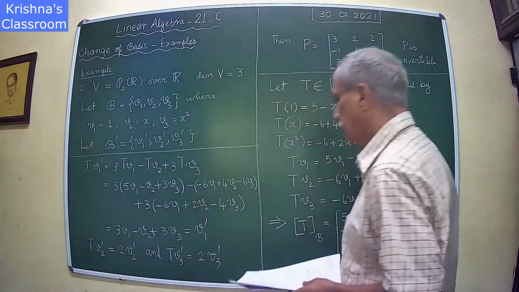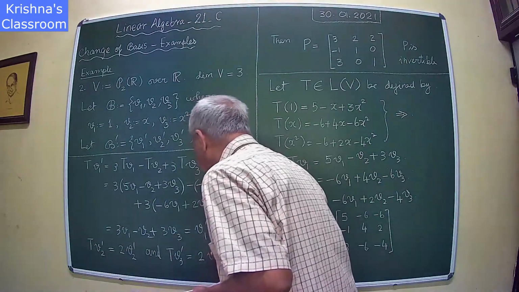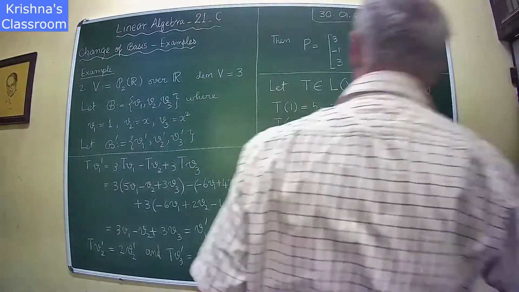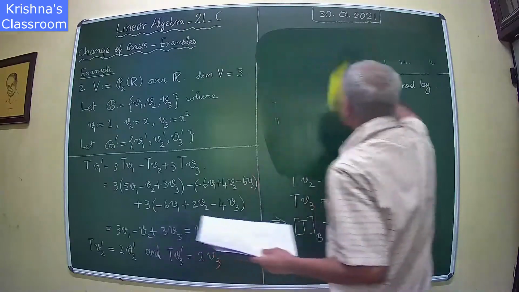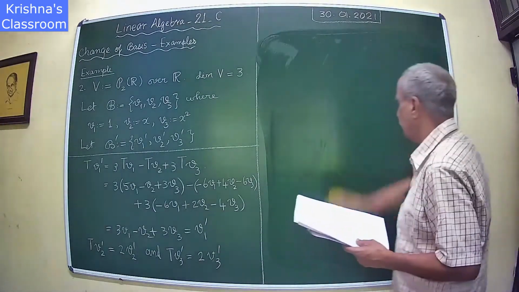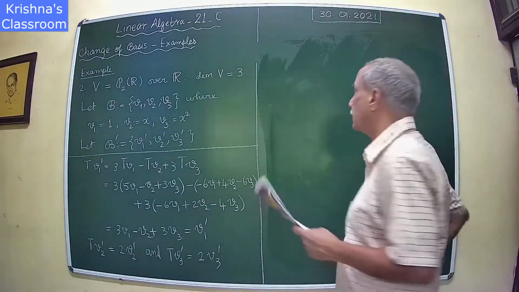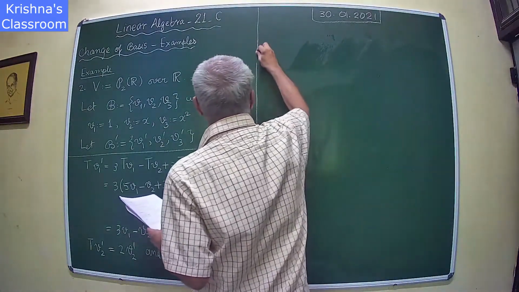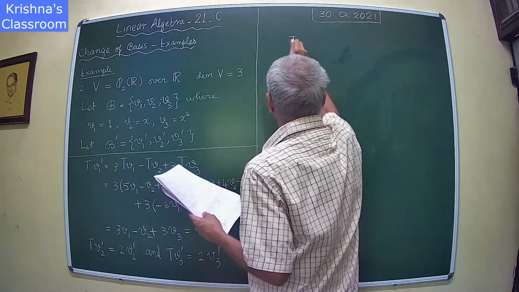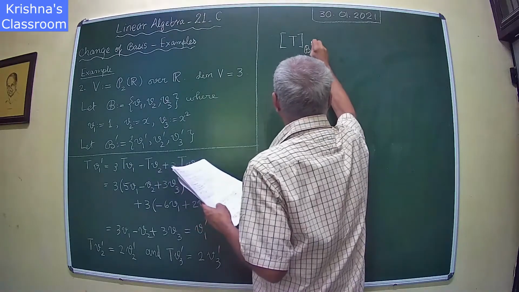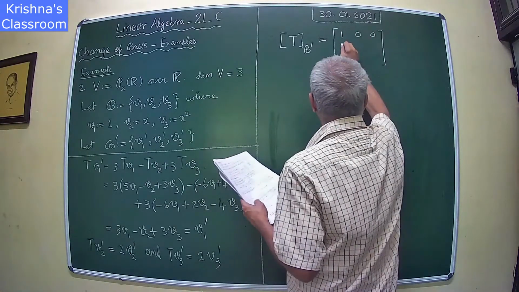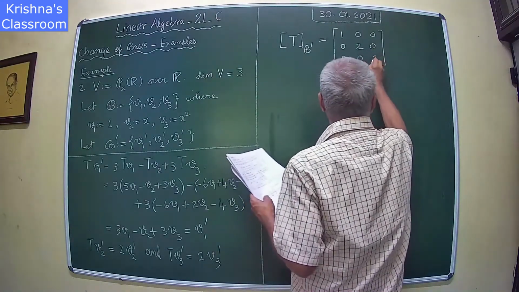This is simple computation. Consequently, the matrix representation for T with respect to B prime is just a diagonal form, with 1, 2, 2 along the diagonal.